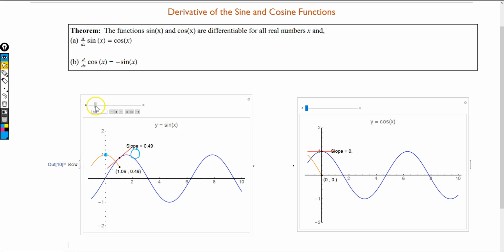The slope of that line is decreasing until we get to this point right about here. Now let me stop that there. Alright, now you notice right here the tangent line is horizontal, so our slope is 0. And on the graph of the derivative, we would then drop down and plot the point.